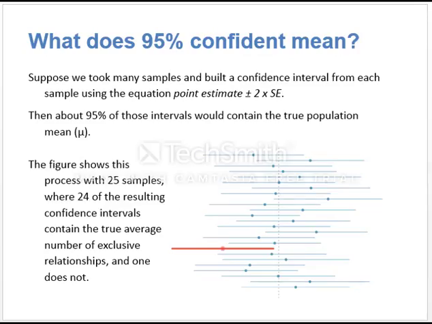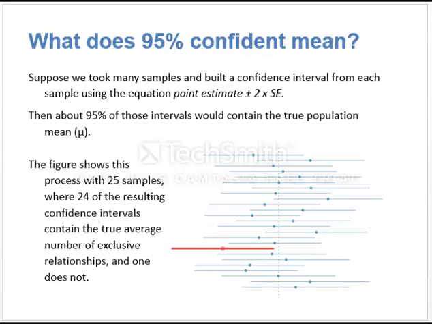I'd like to get into a little bit more about what that claim of confidence really means. So when we say we are 95% confident, what does that really mean? So again, going back to that more general formulation, where the margin of error is 2 times the standard error, we would be able to make the claim that in about 95% of the time that we make intervals using this method, we would capture the true population mean.